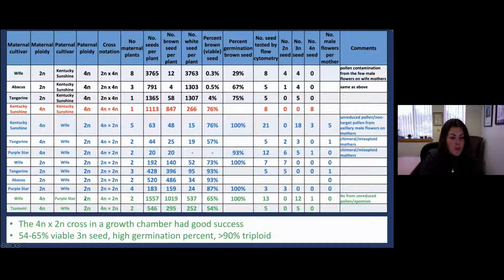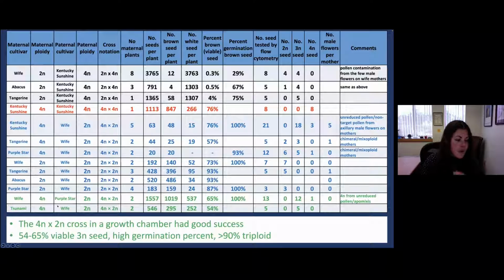We used purple star feminized pollen on a pretty small plant. I'll show you a picture in a minute. We had over 1,500 seeds and 65% of those seeds were brown and viable. A very large percentage of those were triploid. And that could be on a saleable scale, perhaps, that many seed per plant.